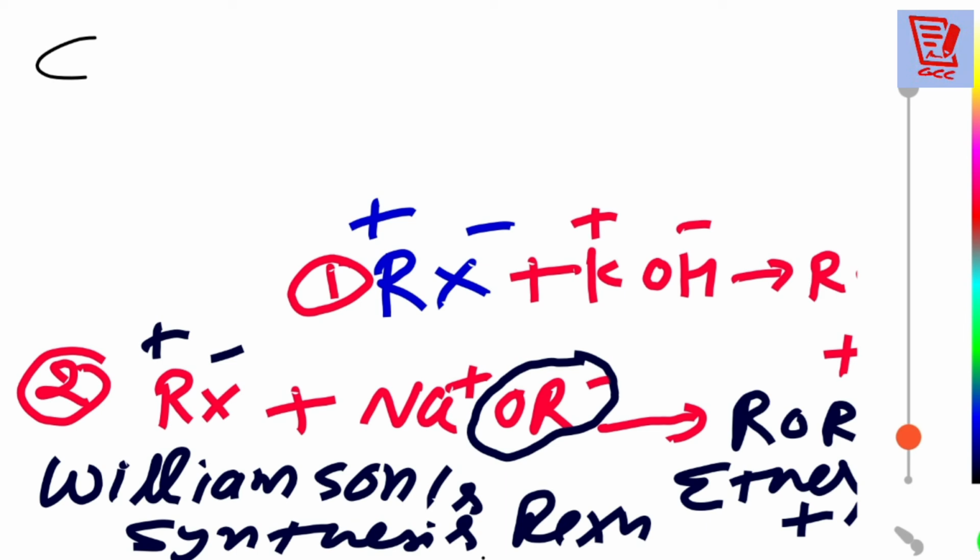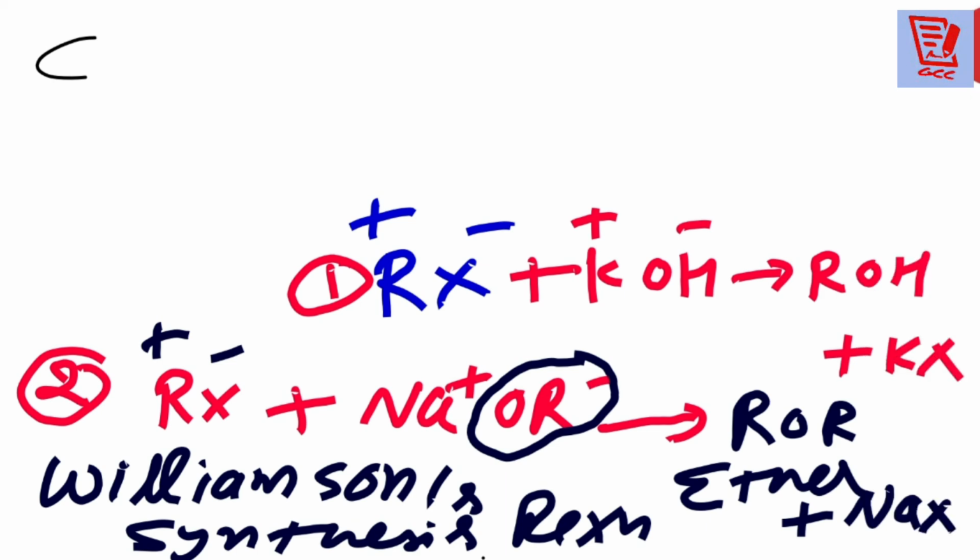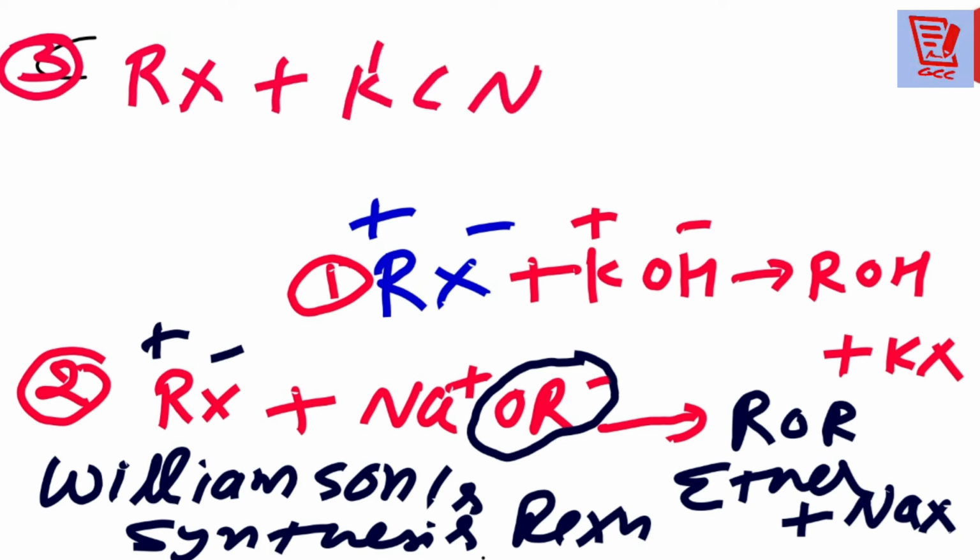Same way, students, now we are going to do number 3. Please see, all of you. We can also substitute by the cyano group. I am writing RX plus KCN. Here K is positive and CN is negative. R is positive, X is negative.